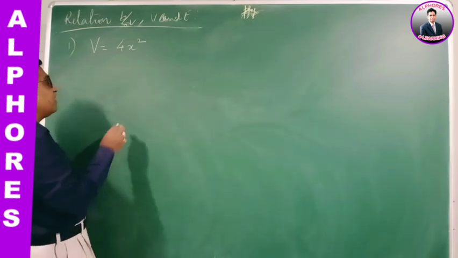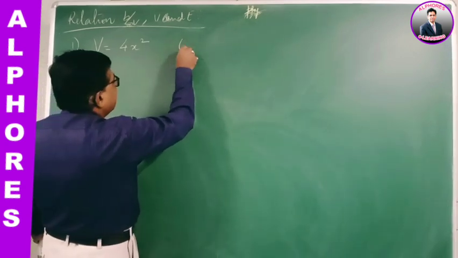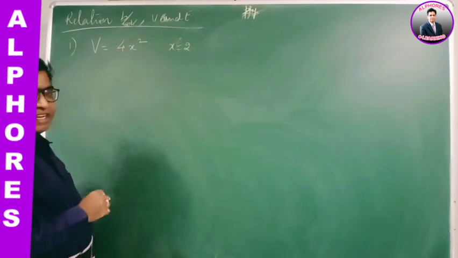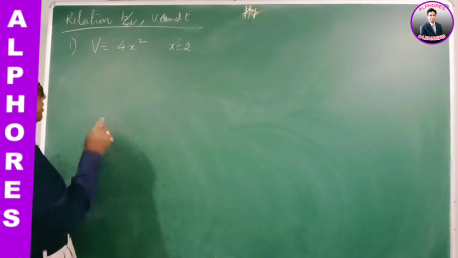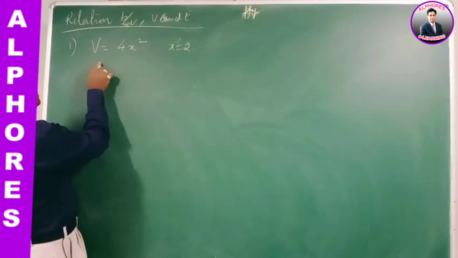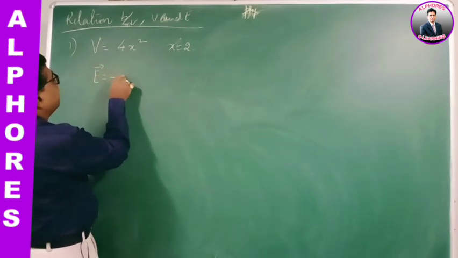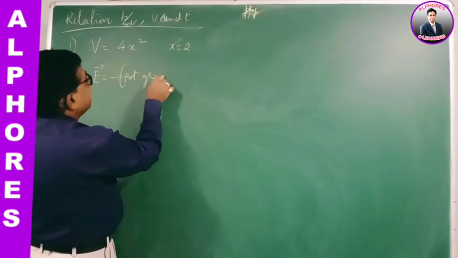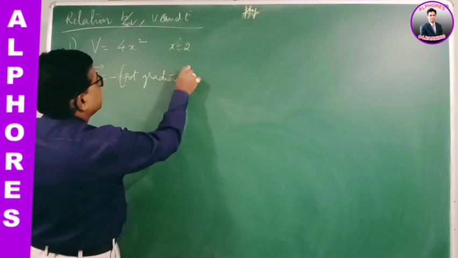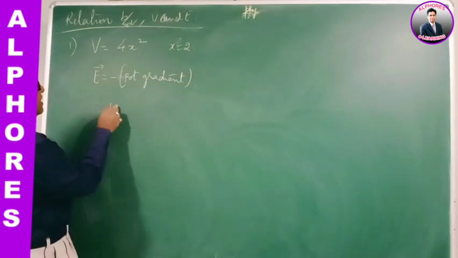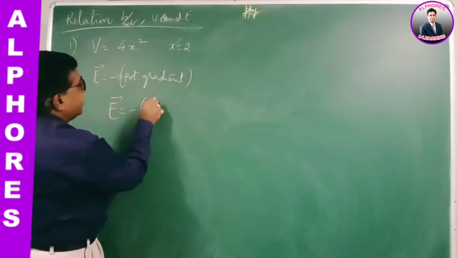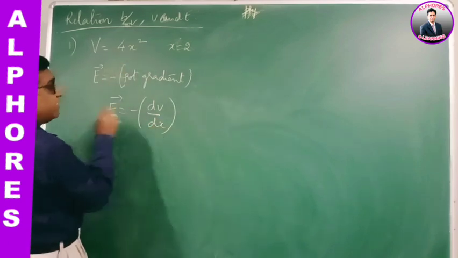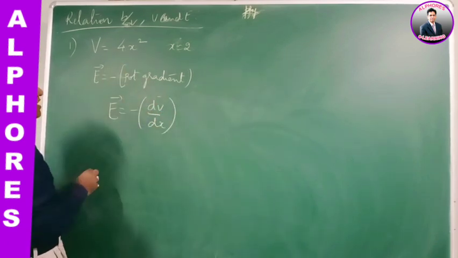Then he is asking you to find the electric field at a point x equal to 2. The electric field intensity is the negative of the potential gradient, so E is equal to minus dV by dx.